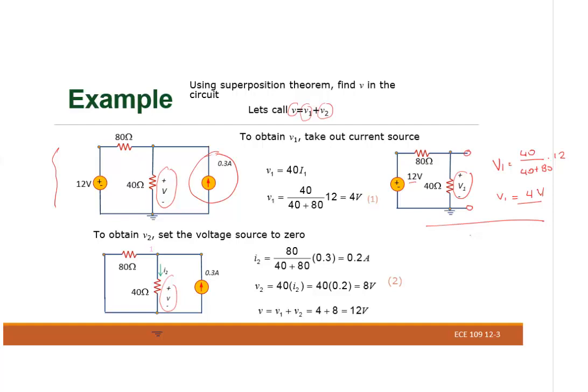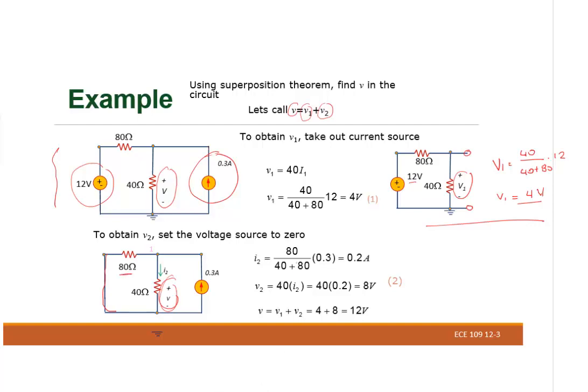Second case, we're gonna take out the voltage source and put the current source back again. When you take the voltage source out, we make a short circuit, so our circuit comes like this. To find V2, we can find I2 first easily, because this is current division. In current division, we put this one on the numerator.